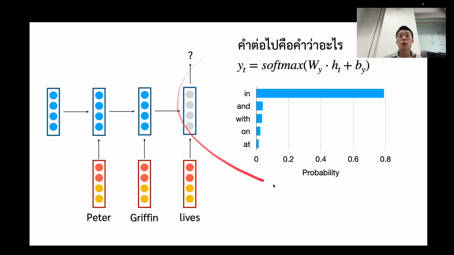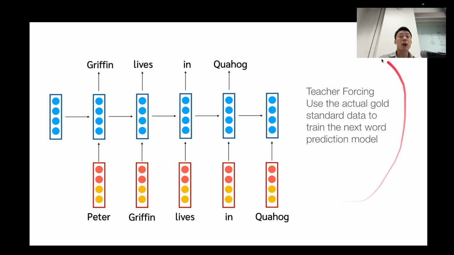So you compute YT so that you can compute loss, but you don't use the probability to generate yet during training. Okay, it's for computing loss. And this is called teacher forcing because you use the actual words that are occurring, not the word that's predicted by the model, okay, during training.